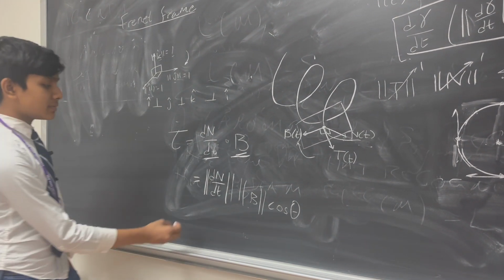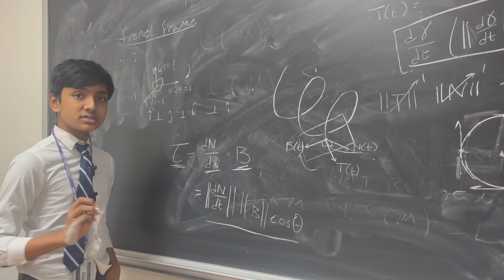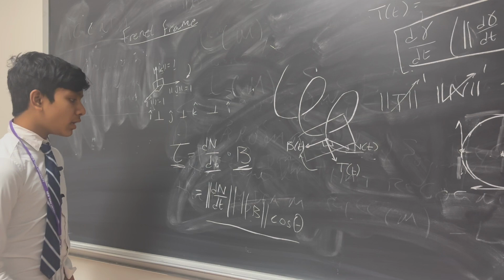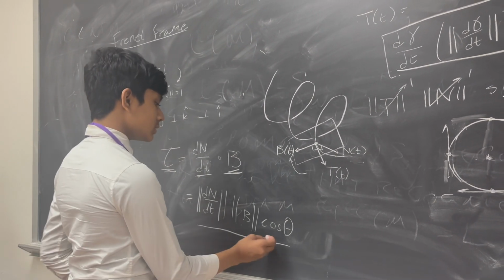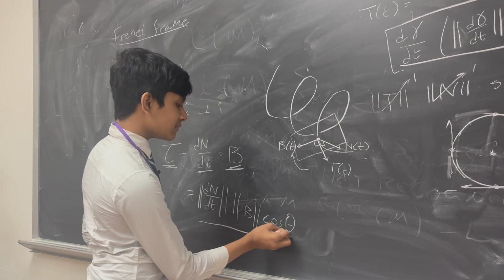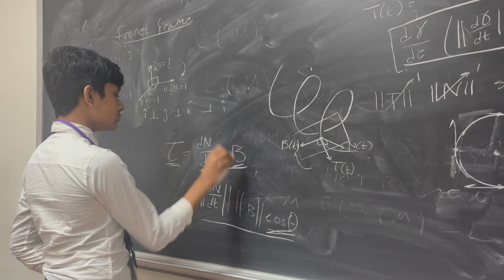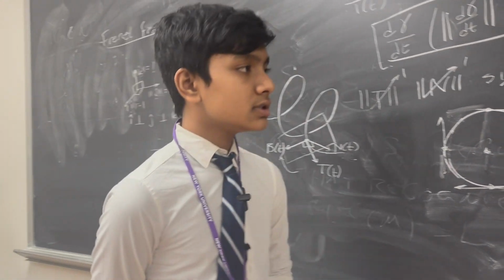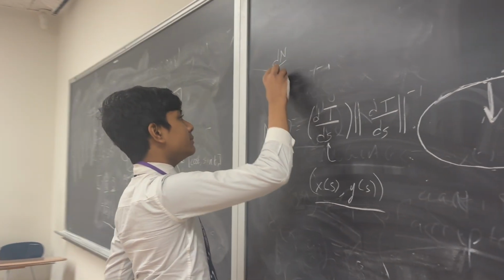So this gets a little bit complicated, but this tells you how much it fails to be in a plane. So ideally, if torsion is equal to 0, this should be in a plane. So if torsion is equal to 0, that means that cosine theta is equal to 0. Or in other words, these two vectors are orthogonal. So what would dn dt being orthogonal to b mean?